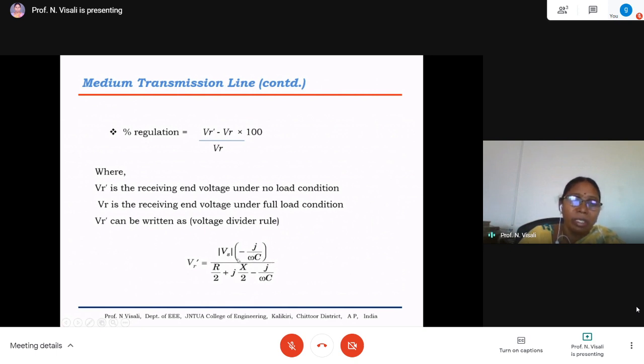It's a voltage divider, with two parallel paths. Vs, the total voltage, is multiplied by the impedance of the capacitance branch divided by the total impedance. This will be VR dash. So VR dash can be substituted directly, and with the receiving end voltage, we can get the percentage regulation.